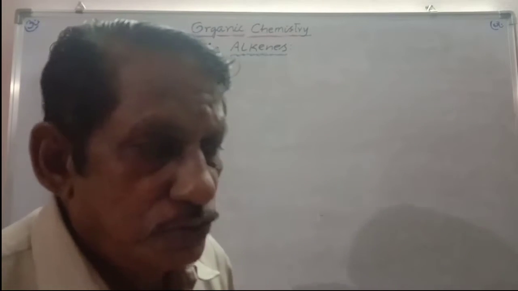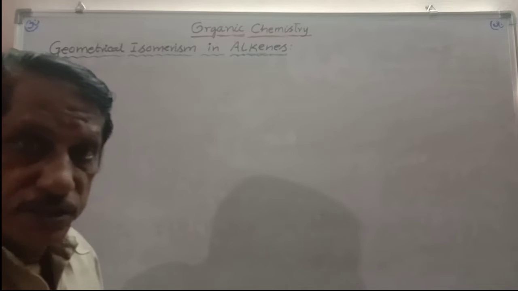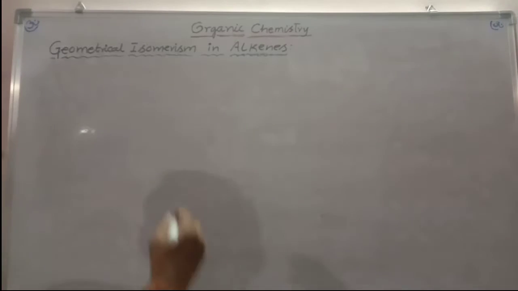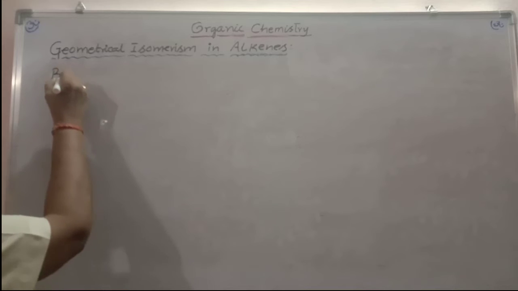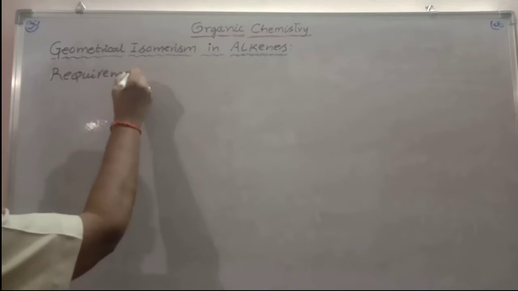What are the conditions to be satisfied by a compound in order to exhibit geometrical isomerism? So, requirements, let us study.